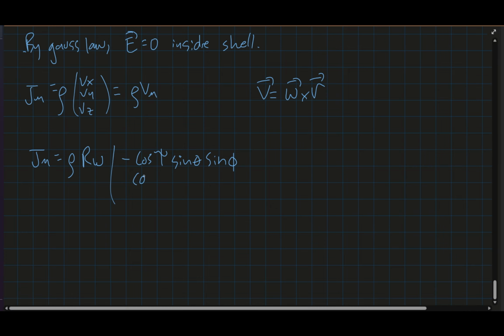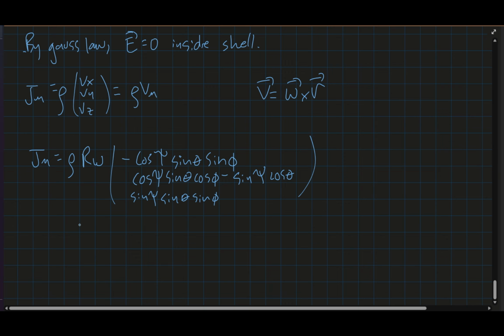We get a cos psi sine theta cos phi minus sine psi cos theta, and a sine psi in the z component, sine theta sine phi.